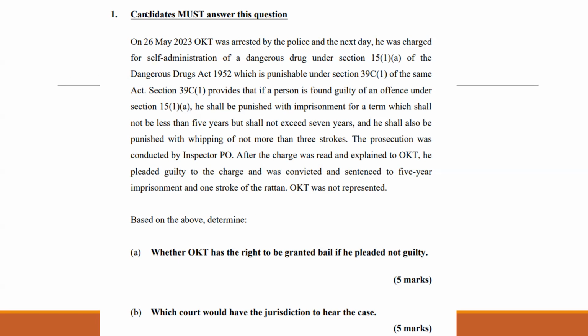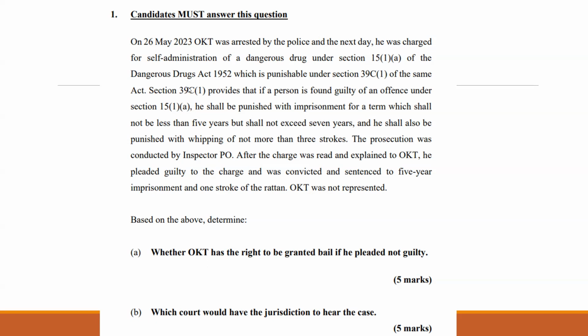Okay, so now we look at one more question. On 26 May 2023, OKT, orang kena tuduh, was arrested by the police, and the next day he was charged for self-administration of drug under Section 15 Subrule 1 Subrule A DDA 1952, which is punishable under Section 39C Subrule 1 of the same Act.